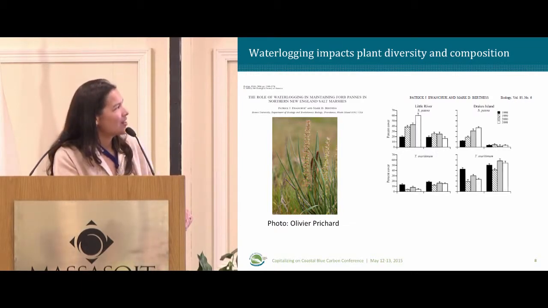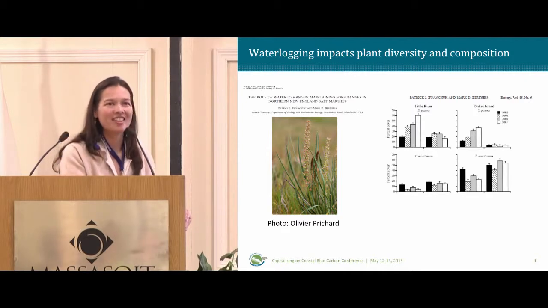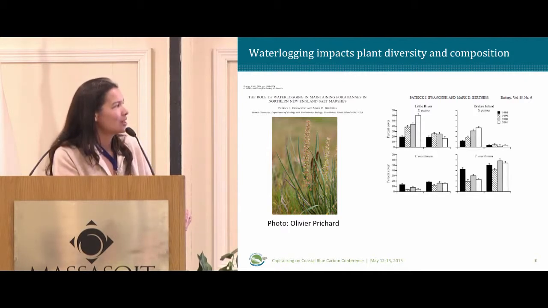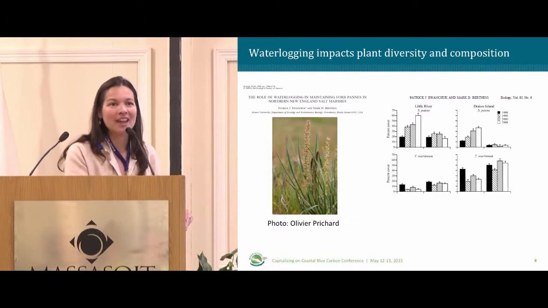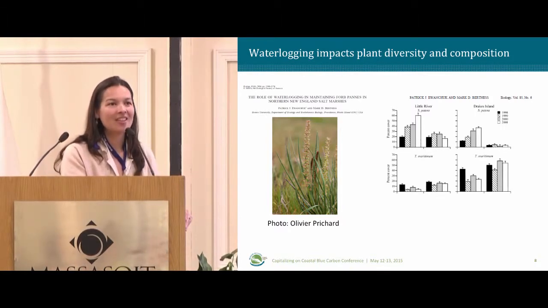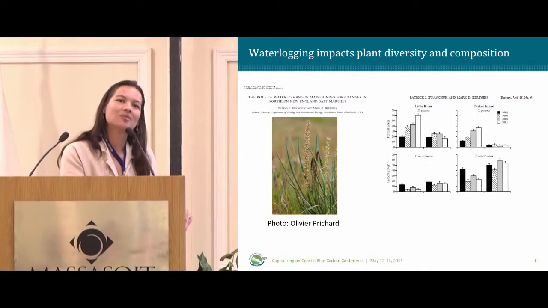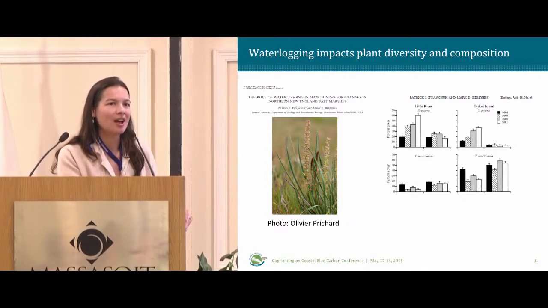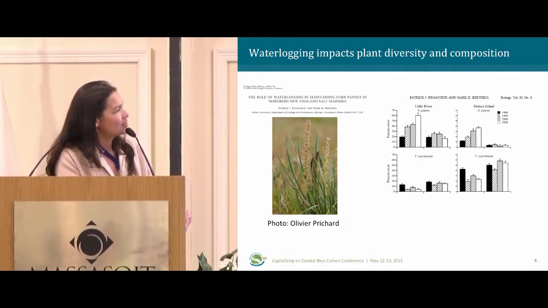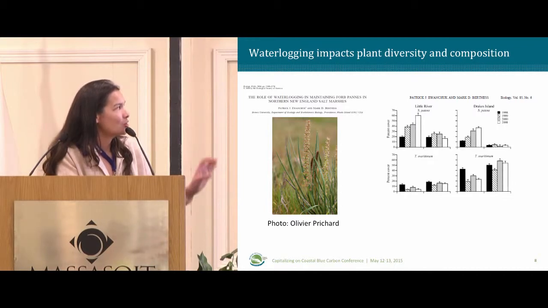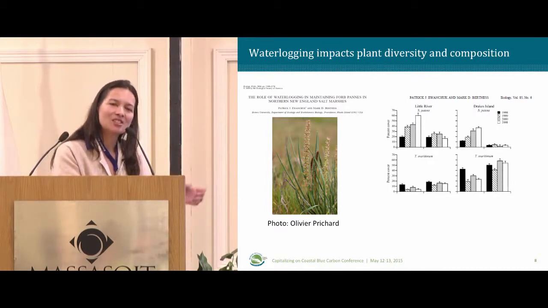And this is a nice experiment of many that I could have brought forth to illustrate that waterlogging can create new bare spaces that allow some less competitive species than the grasses to come in. And so this is an example of one forb, Triglochin, that is thought to be decreasing as some of the ditches have been built into salt marshes, cutting back on the extent of waterlogging.